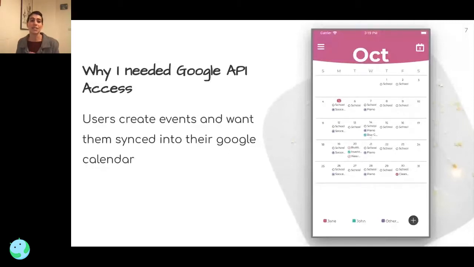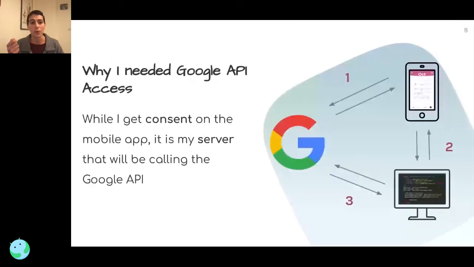But what's important to understand about this scenario, and the thing that made it tricky, is that while I get the consent from my users on the phone, I need to be able to use it from the server side. Because if I'm setting up that dad is picking up a child at 2 p.m. and then it syncs back to dad's Google Calendar, when I change that to 1, it needs to sync again for dad. It cannot depend on dad coming into the app.